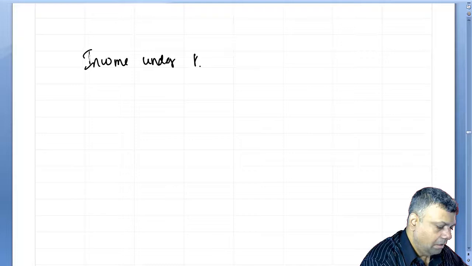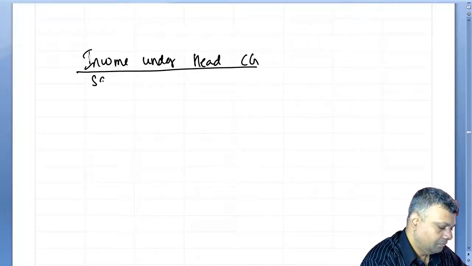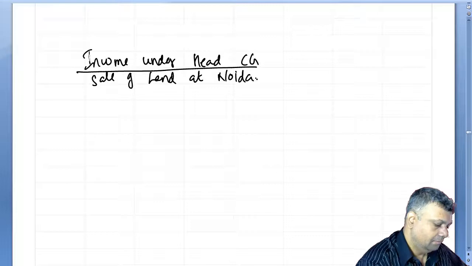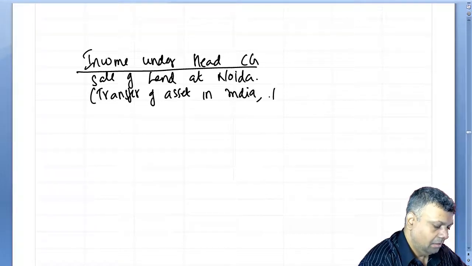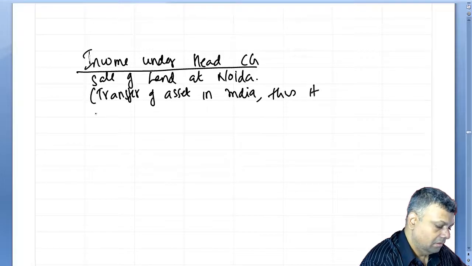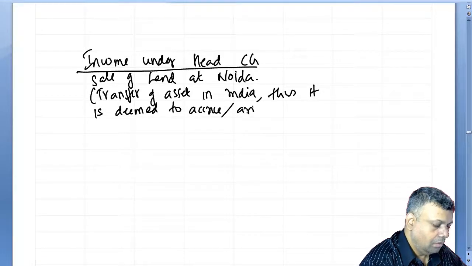Income under the head capital gains, sale of land at Noida, the transfer of asset in India, thus it is deemed to accrue or arise in India.